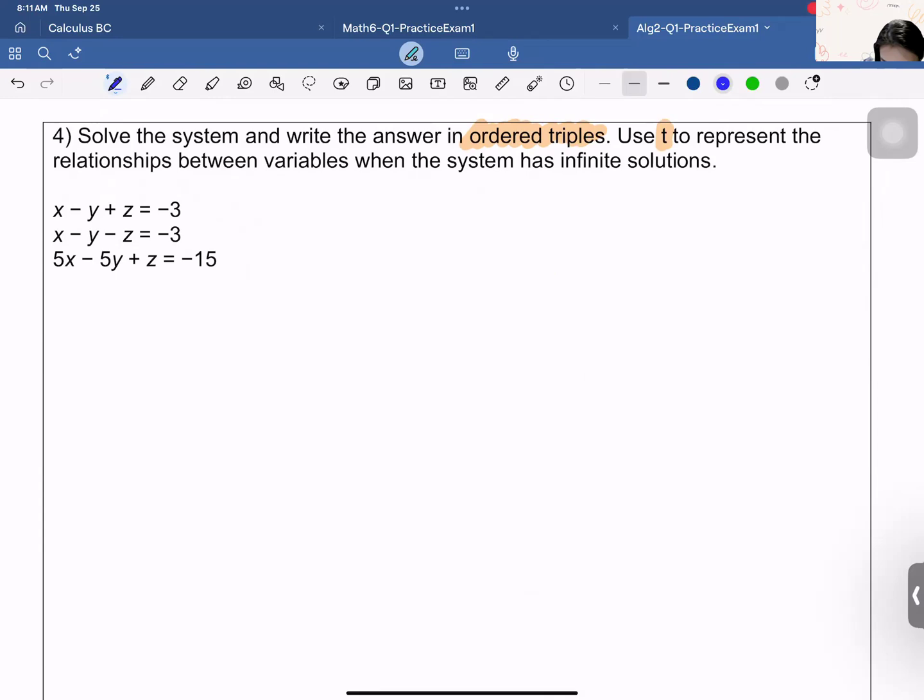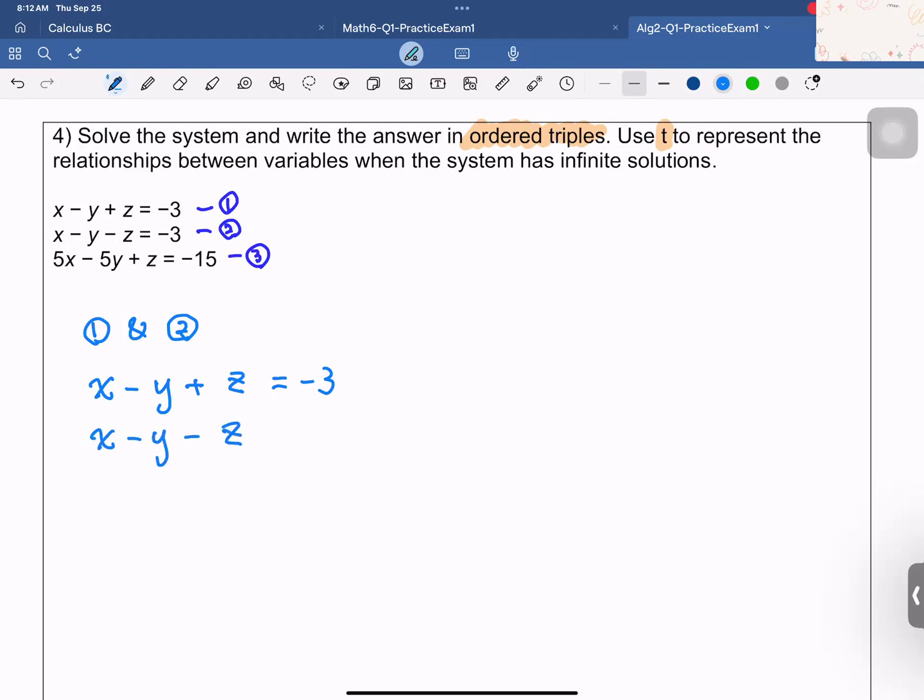So how do I do it here? I see this as equation 1, this as equation 2, this as equation 3. And now I start. I pick out equation 1 and equation 2. So I copy them here. This is my first step. When I compare the coefficients, I see z plus z minus z.